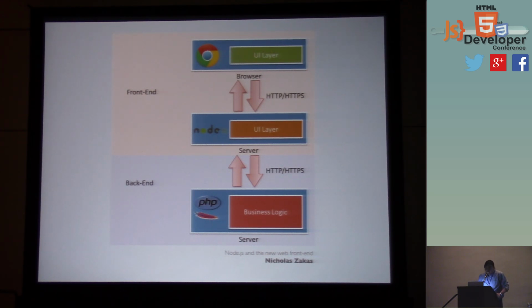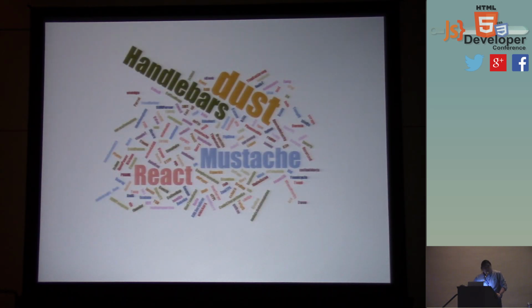So now, instead of managing style sheets, you will be managing templates. And we have so many template engines available today. These are actually names that I got from the web. They're being used as template engines. All these little names are template engines used in many different languages, not just Node.js.